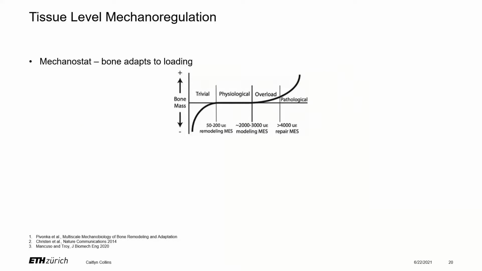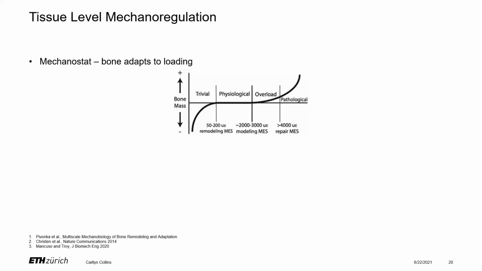So now that we've been able to look at stiffness and failure, is there more that we can do given that we have, especially in the case of longitudinal data, this ability to look at local mechanical properties? So we know that bone adapts to loading. So here is the classical mechanostat, where we have this physiological loading range where bone is happy.